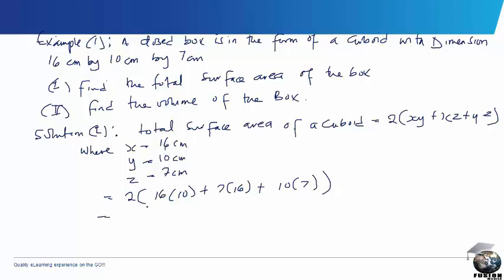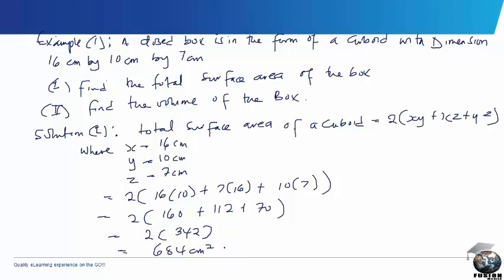Okay, and then we have 2 times (160 plus 112 plus 70), and when you sum up these numbers you have 342, which is equal to 684 centimeters squared. So therefore this is the total surface area of the cuboid.